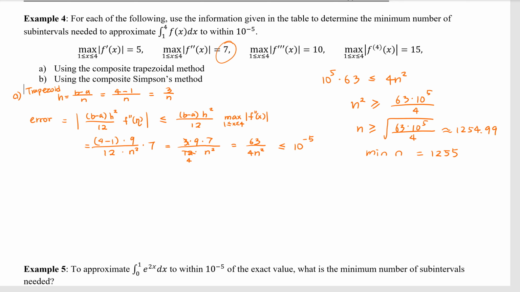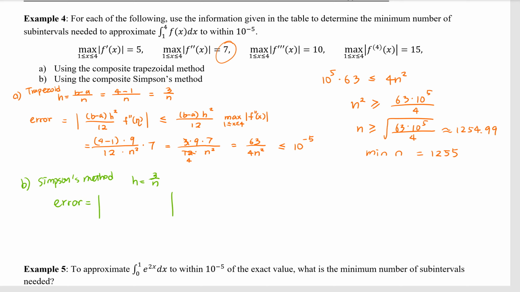Okay, let's look at Simpson's method. So in this case, h is still the same, right? h is still 3 over n, but the error formula is going to change.